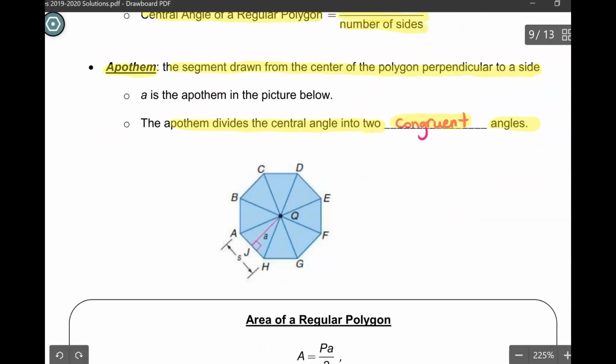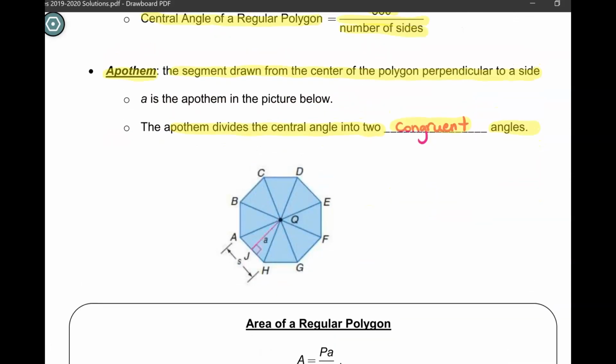So below, if we count how many sides there are, 1, 2, 3, 4, 5, 6, 7, 8, this is an octagon. As another example, if we have 8 sides, our central angle is going to be 360 divided by 8, which is 45 degrees.